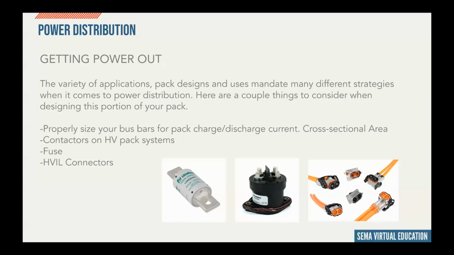Some connectors, such as Amphenol, have high voltage interlock wiring integrated into the connector, which is highly recommended, so that when the connector is plugged in properly, the system knows that there is a safe connection. When it's unplugged, the system knows that there is no connector, and the high voltage contactor will not close, keeping the current from being at the connector. So you have a non-live pack.